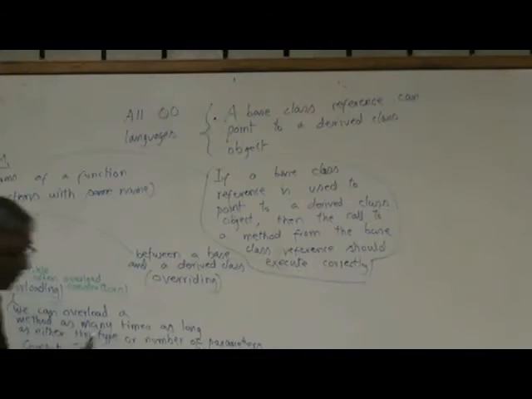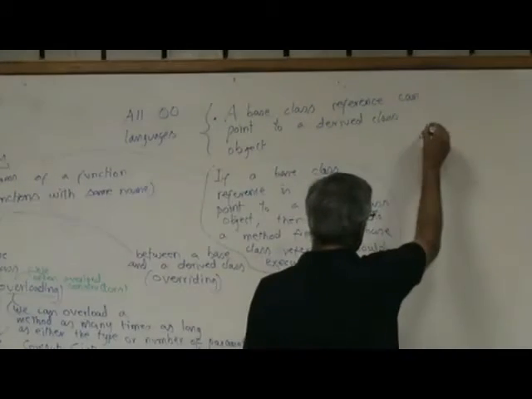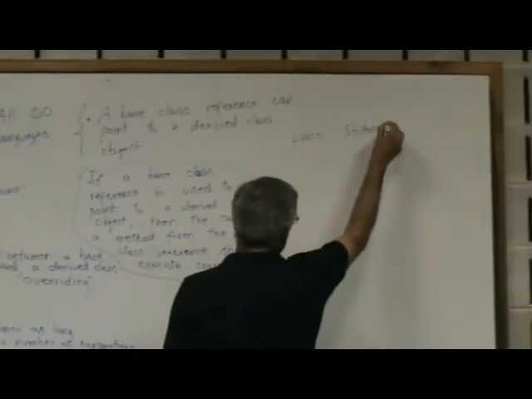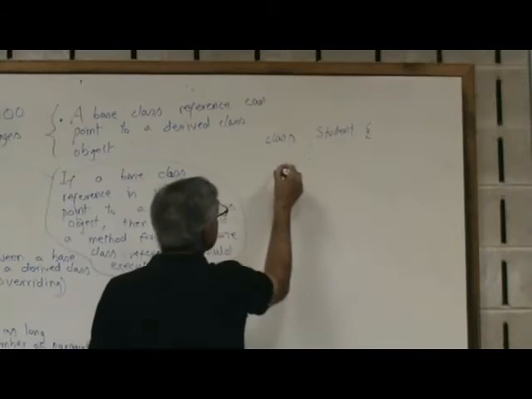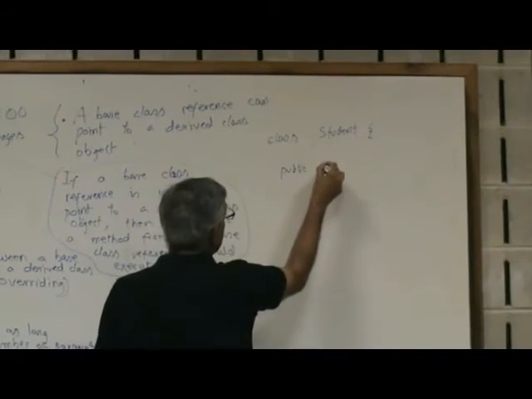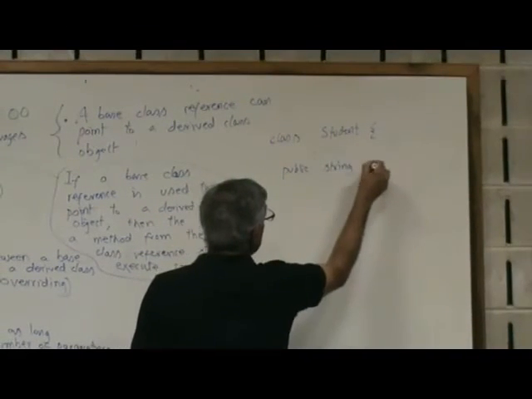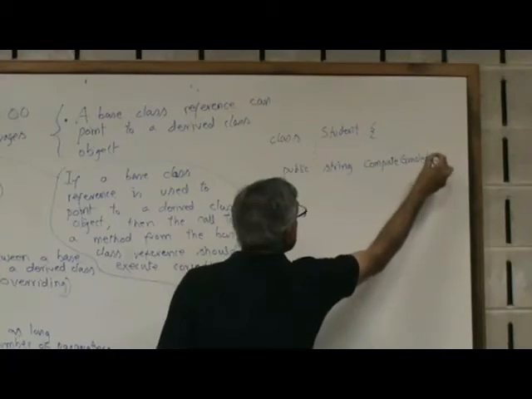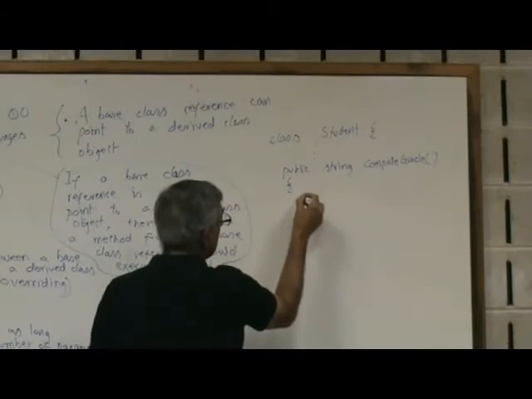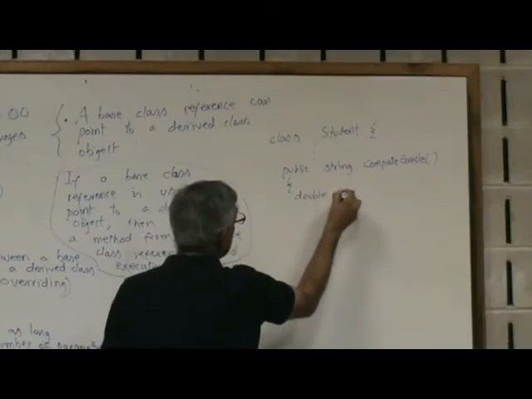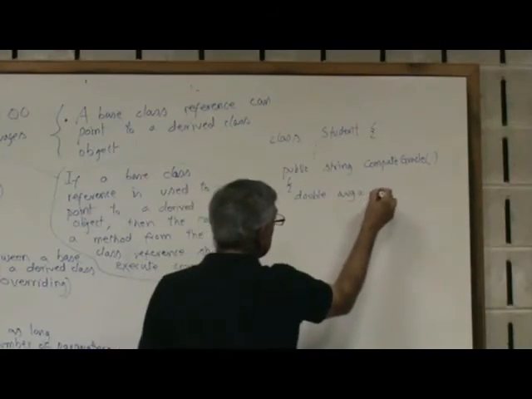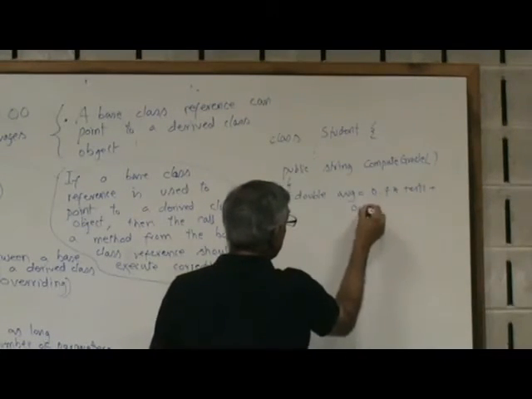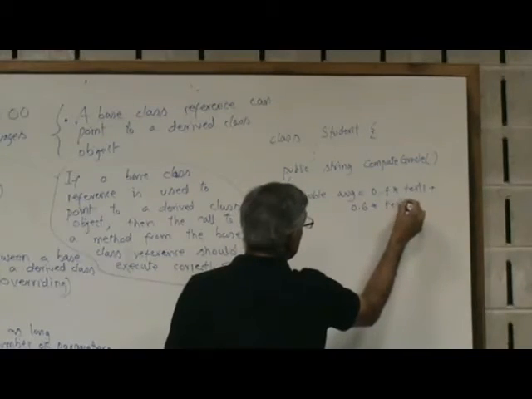Let's pick an example. Suppose we created a class called student. And suppose we had public string compute grade. And we had some kind of formula, AVG equal to 0.4 times test 1 plus 0.6 times test 2.